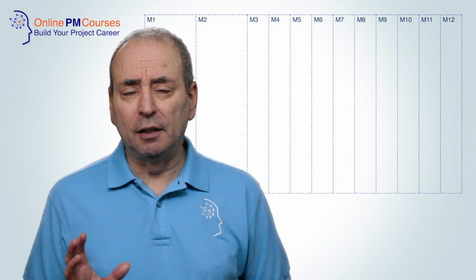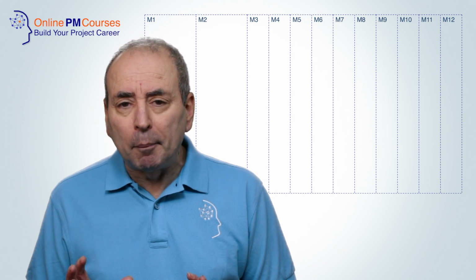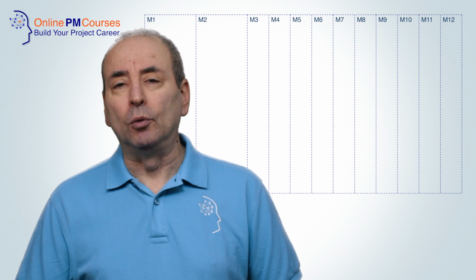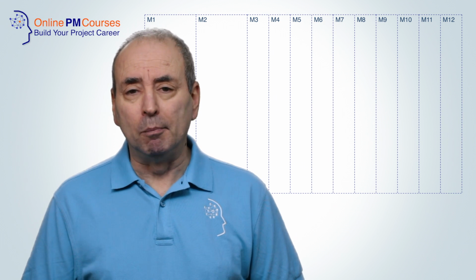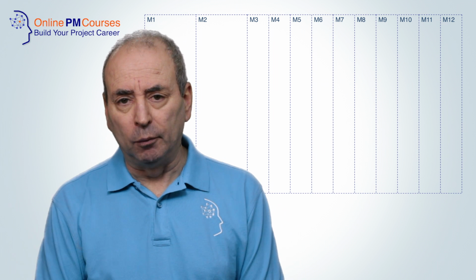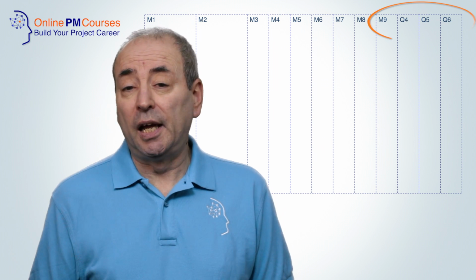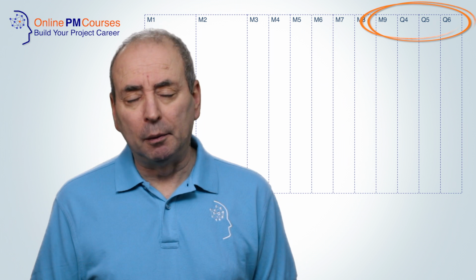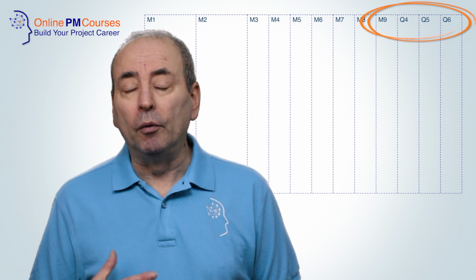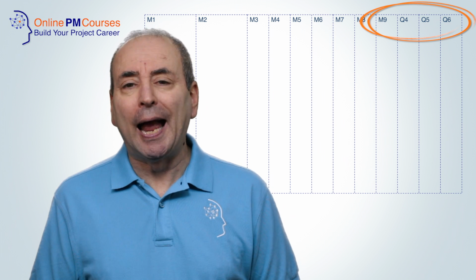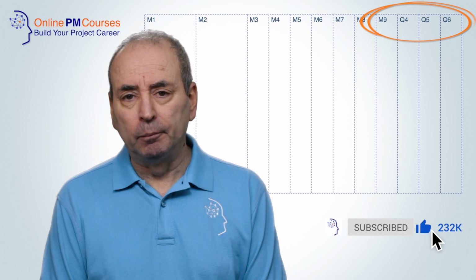The structure of rolling wave planning. A typical structure for rolling wave planning might be to plan the next month or two in great detail and then to show subsequent months in far less detail. Months beyond, say, the 6-month or 9-month period might be in very little detail indeed, nothing more than an overall strategic plan or roadmap level of detail.